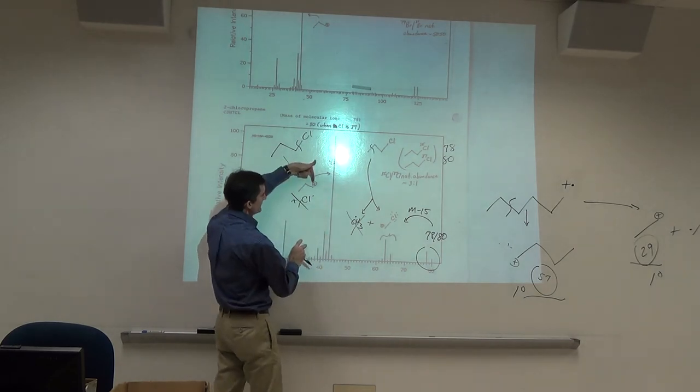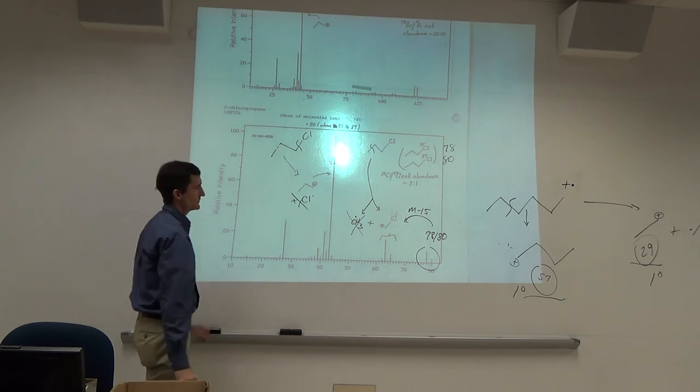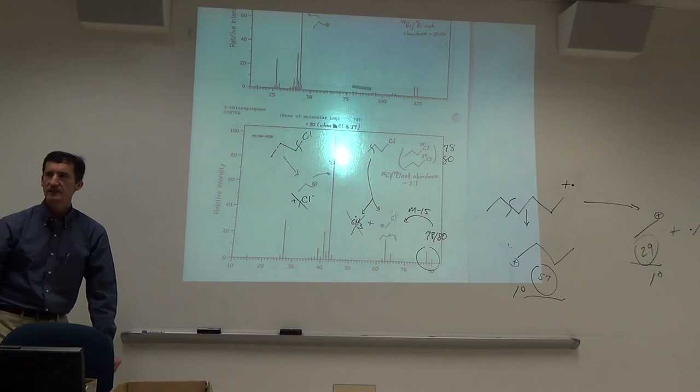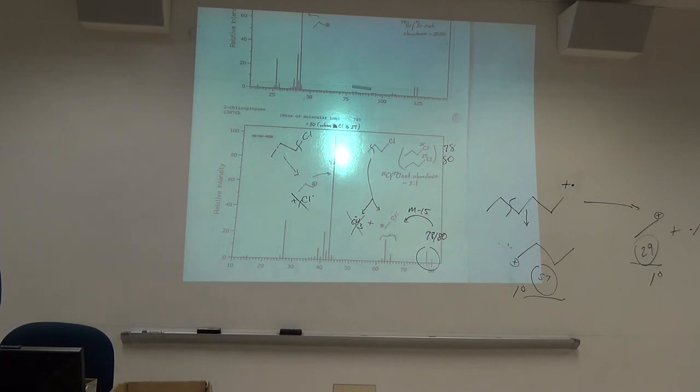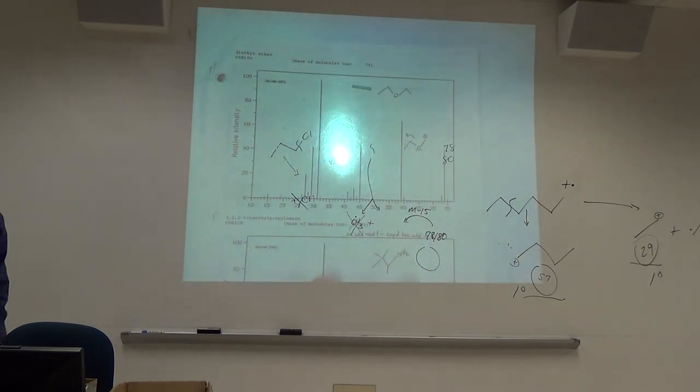Why was it better to form this cation than that cation? That's actually not a good question. Let's not look at that because that's counterintuitive. It doesn't make good sense. Let's look at the next one.